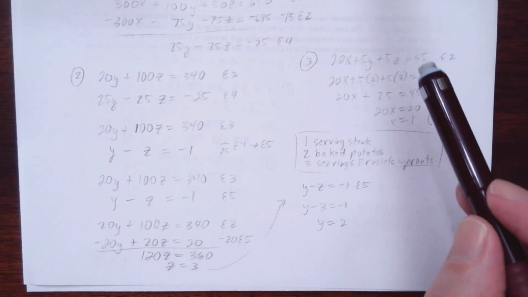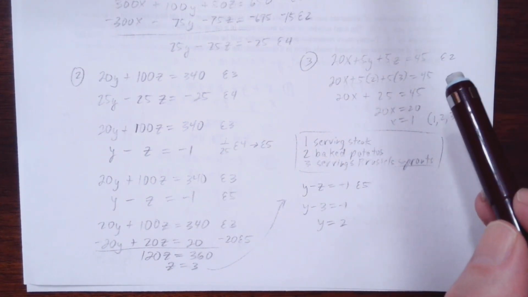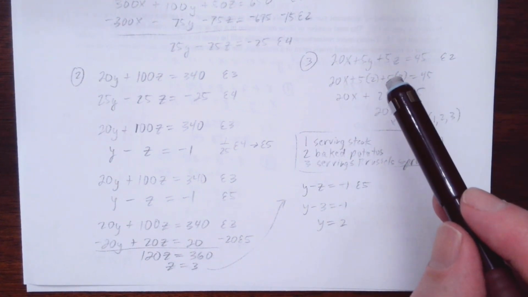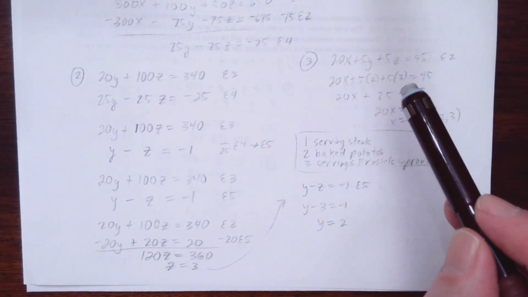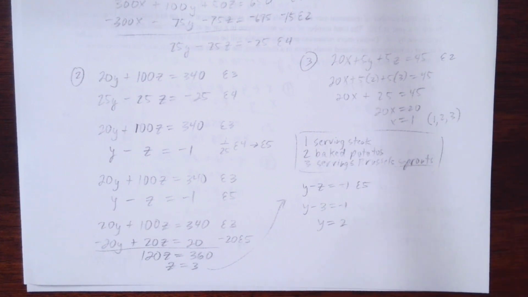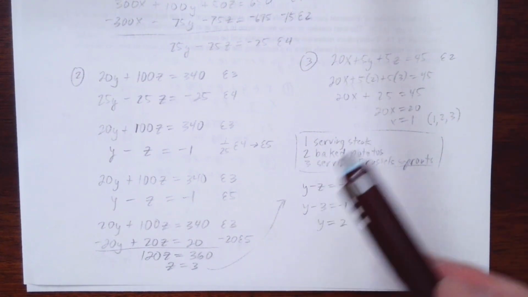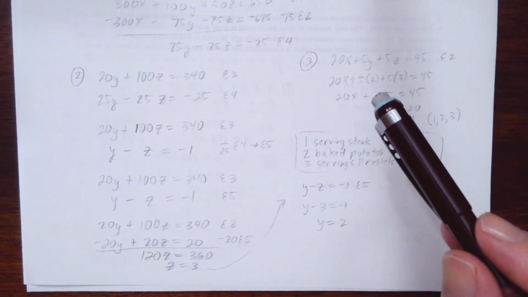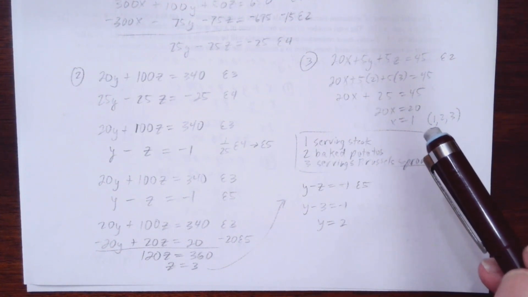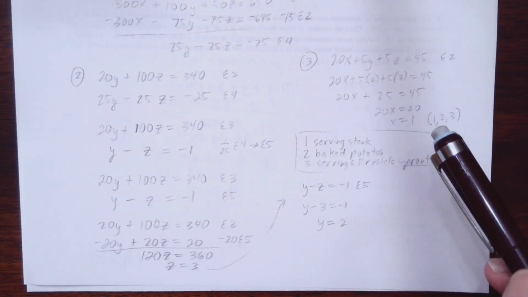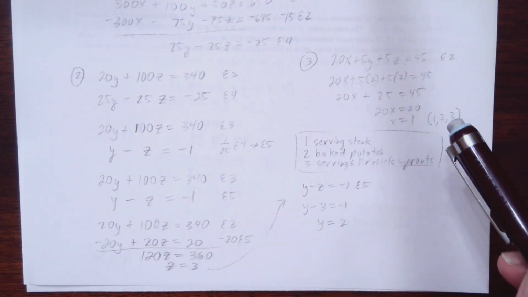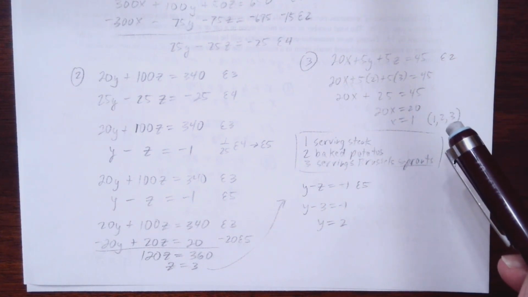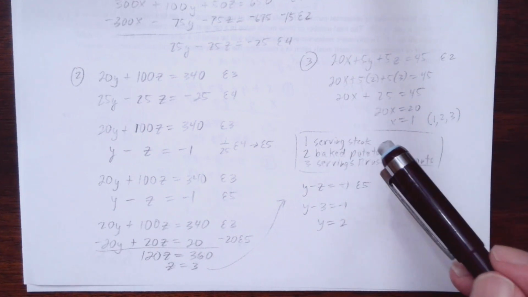I chose equation 2, and I plugged in 2 for y and 3 for z, and when you solve for x, you get 1. So remember, x was the number of servings of meat, y was the number of baked potatoes, and z was the number of servings of Brussels sprouts. And sure enough, we're getting a bunch of those. So there's your answer.